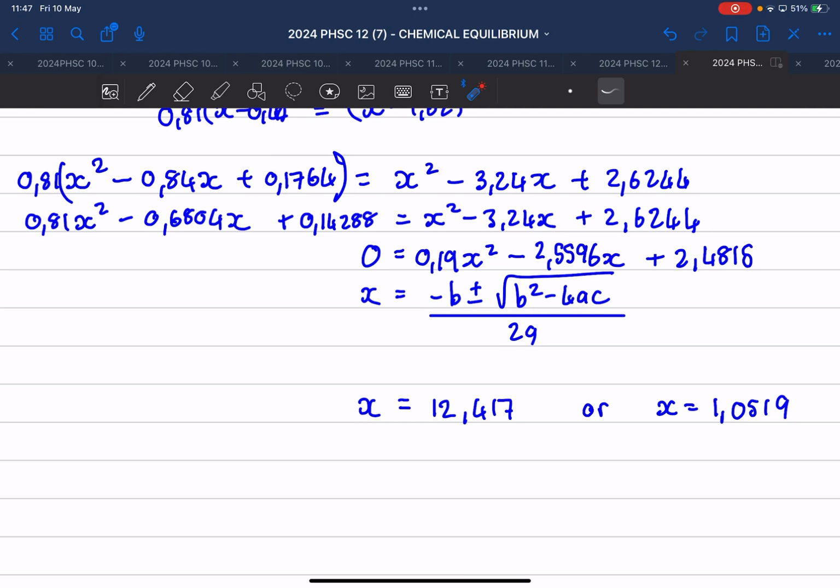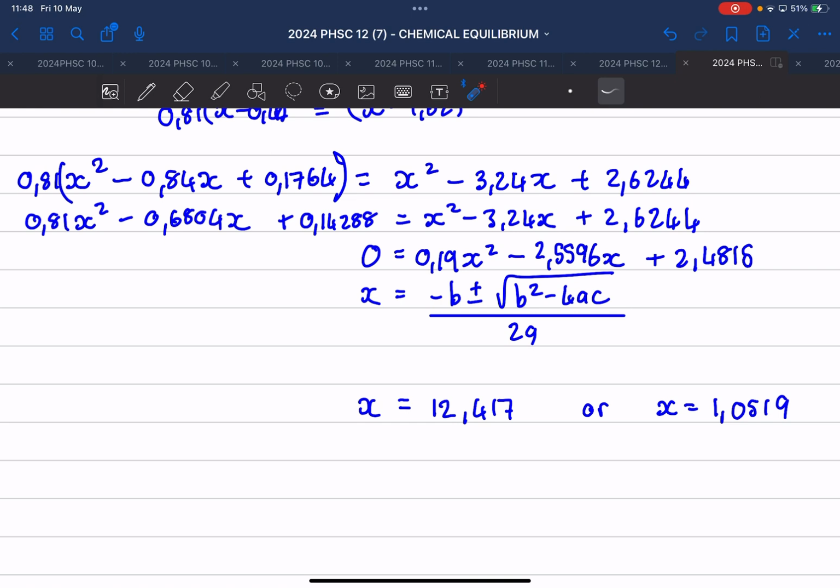Okay, so let Bontle just finish that calculation. Yes, I get 12.42 for the first one. So we have two values to choose from.